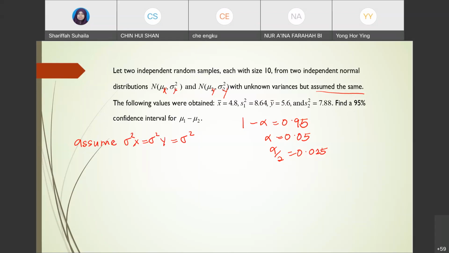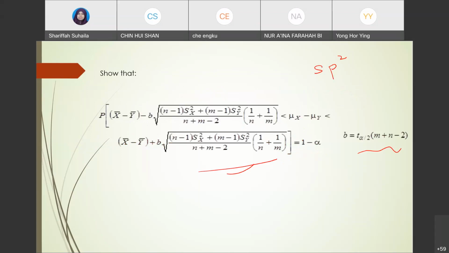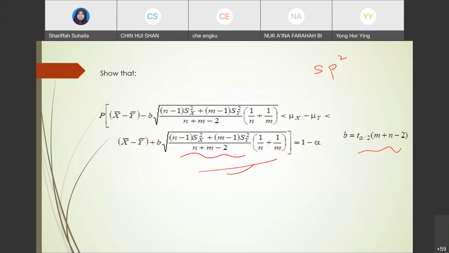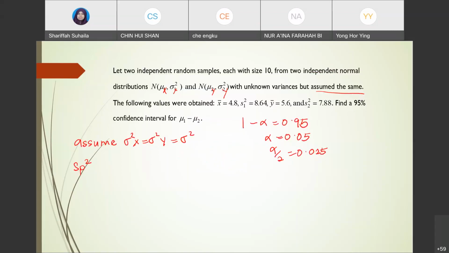Okay. First, kita dah ada, this is the formula. Okay, but to make it much more easier in your calculation, so let's say kita pakai pool estimate. Okay, kita denote that one here, this one term as pool estimate lah, SP square. Okay, so that means you will have n minus 1.